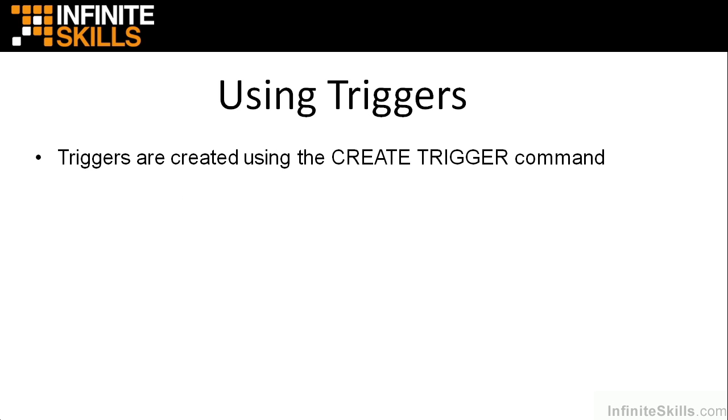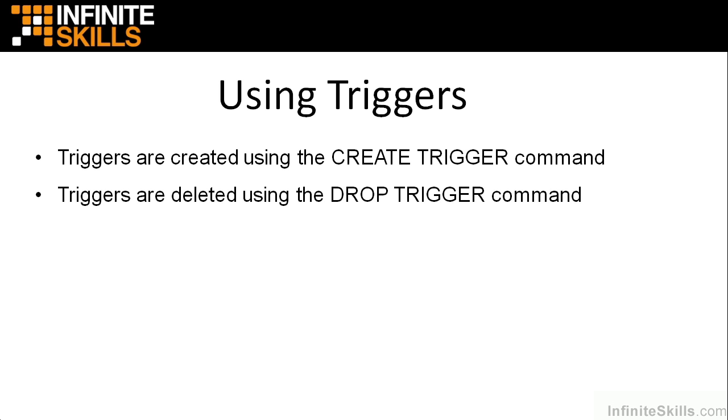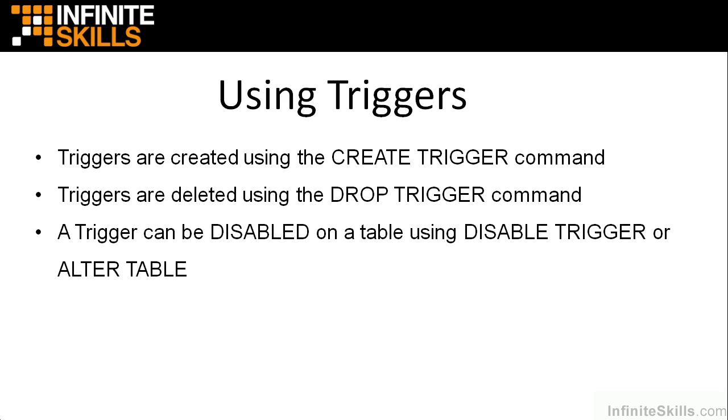Now, triggers are created using the create trigger command, and they are deleted using the drop trigger command. Now, watch these next two. These have historically been like trick questions on the exam. A trigger can be disabled on a table. You can use the disable trigger or the alter table command, either one. But watch for that alter table.